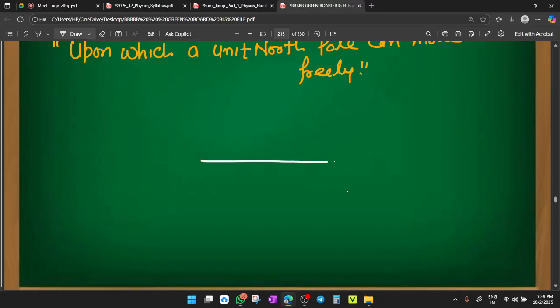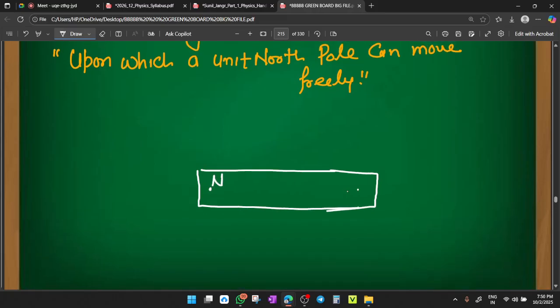Look here, this is a magnet, and maybe you have performed this experiment in class 10th to draw magnetic lines of force. Your teacher placed a needle here, yes or no? And you saw the magnetic north pointing towards here, yes or no?